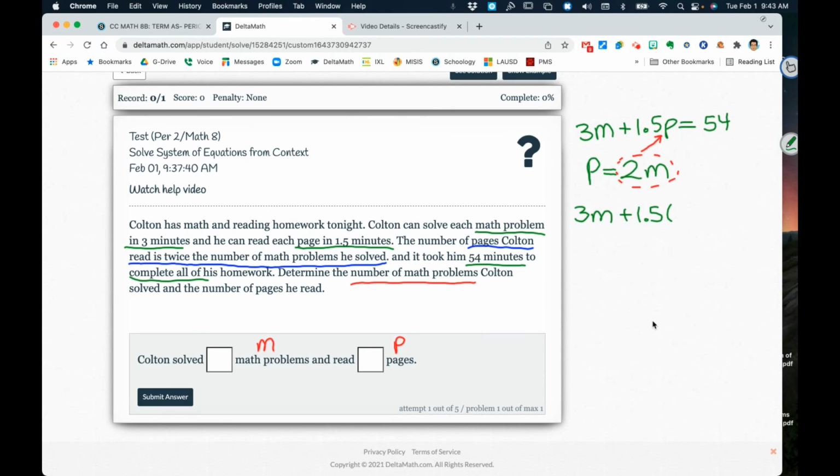So instead of that P, I'm going to put 2M here. And that's going to be 54.